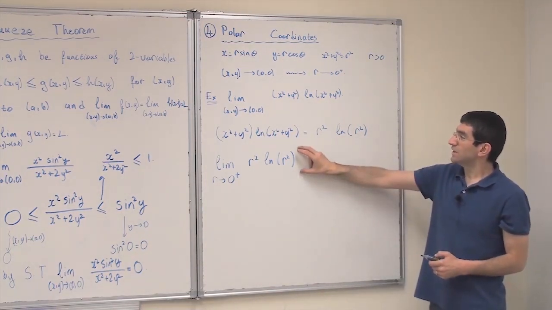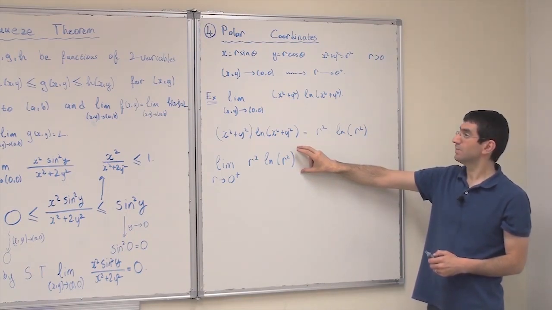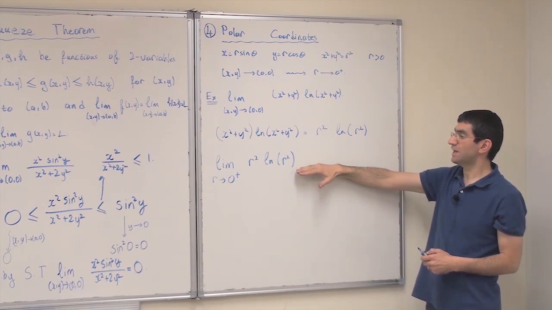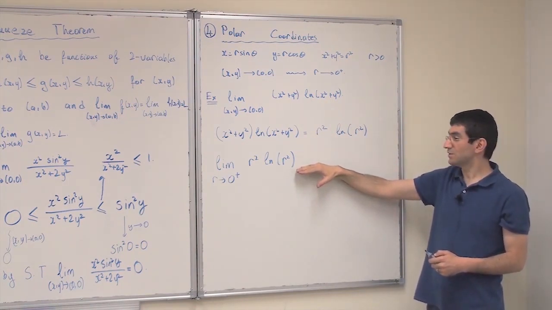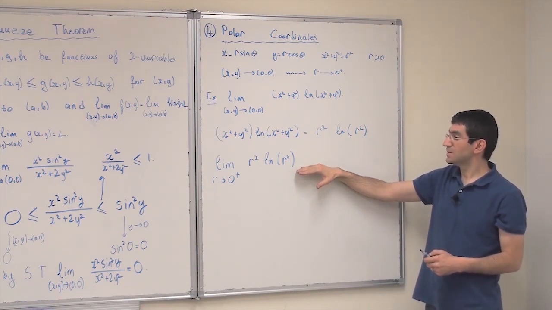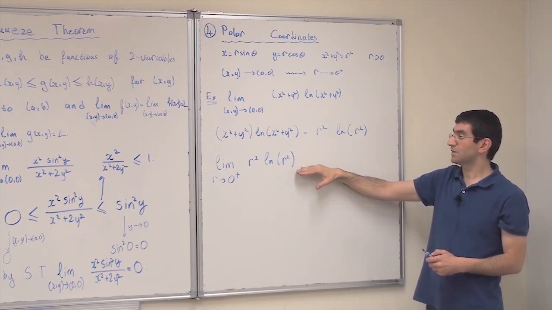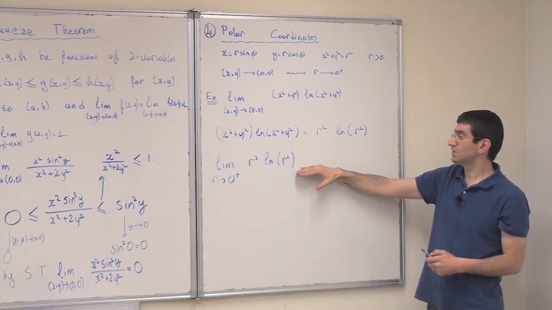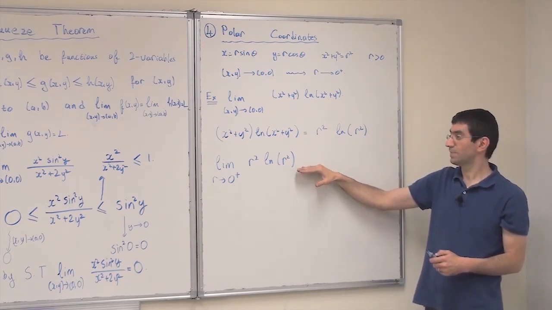So now we can see clearly the benefit of using polar coordinates for this example. We have started with a function of two variables. Now, after using polar coordinates, we have expressed the same limit as a function of a single variable. So we can use the techniques of evaluating limits of functions of single variables. And one of the most important techniques of evaluating such limits is L'Hopital's rule.